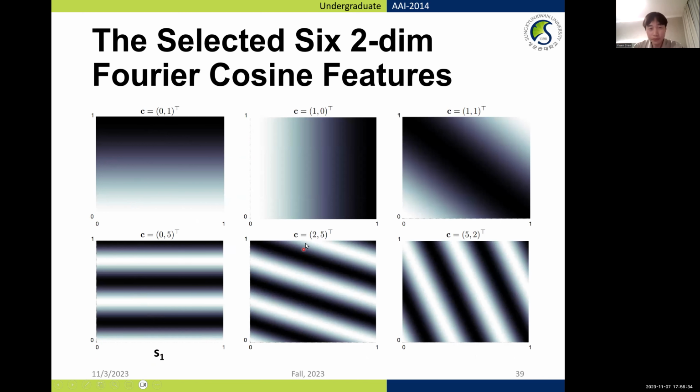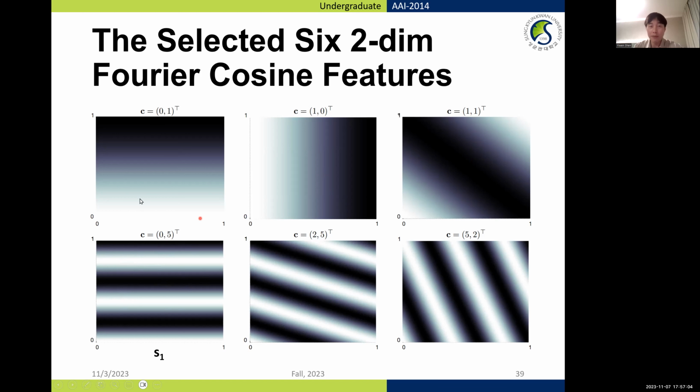Because for 0, 1 the s_1 doesn't change, and similarly here the s_2 doesn't change. If we consider 0, 5, then s_1 doesn't change, but s_2 changes following order 5, the higher frequency.